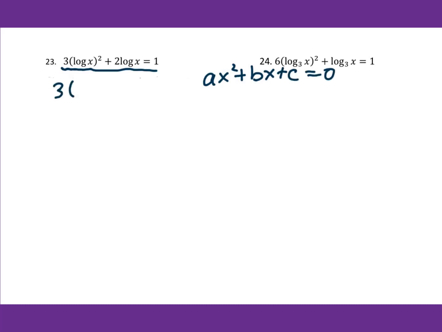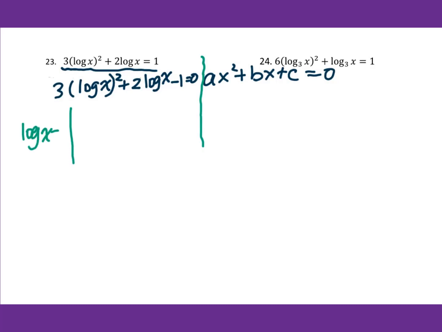Therefore, 3 times common log x squared plus 2 common log of x minus 1 equals 0. Then we set up common log of x equals y. You will get 3y squared plus 2y minus 1 equals 0.